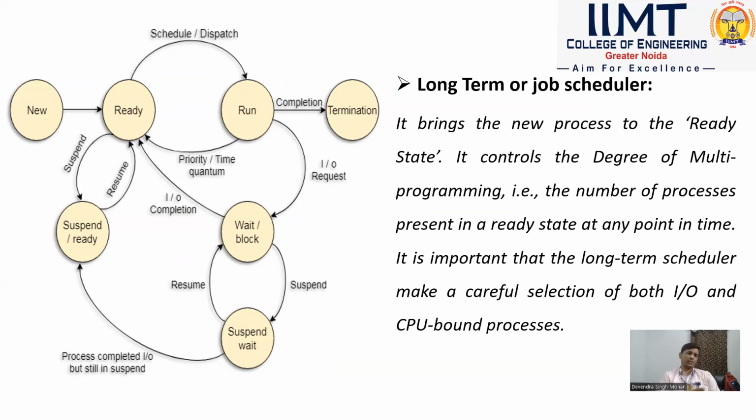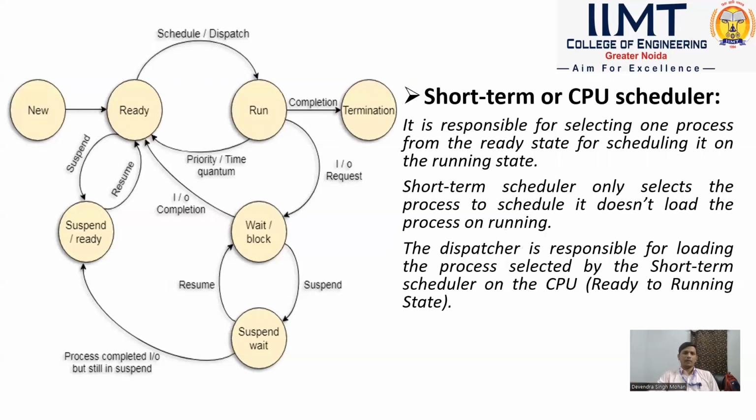That means a process which we create is in the new state, and when the process enters the ready state, it is brought by the long-term scheduler or job scheduler.